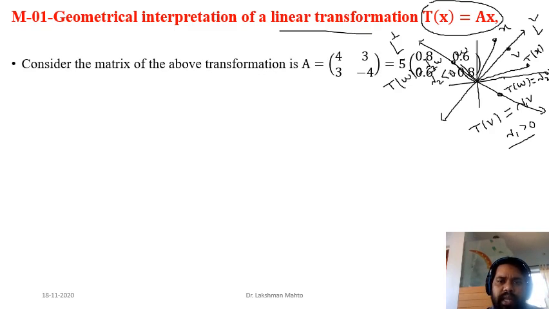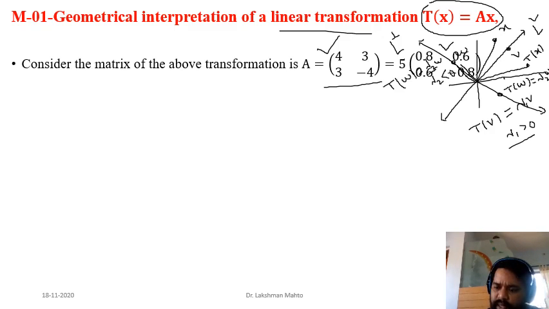So we had already discussed this one. Consider a linear transformation whose matrix is this one, having first row 4, 3, and second row 3, minus 4. If you look at this matrix closely, actually this matrix is 5 times [0.8, 0.6; 0.6, -0.8]. So this matrix is actually a reflection matrix.